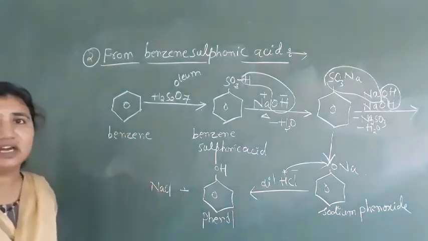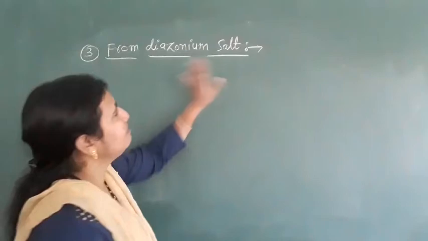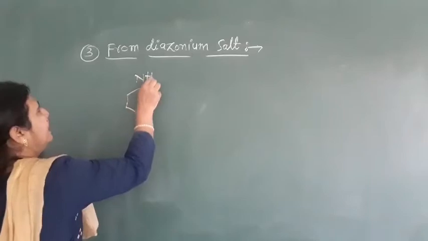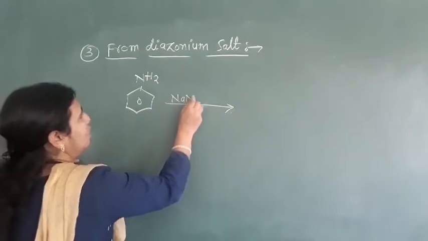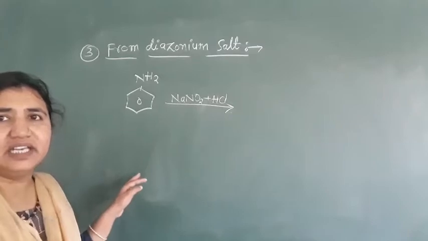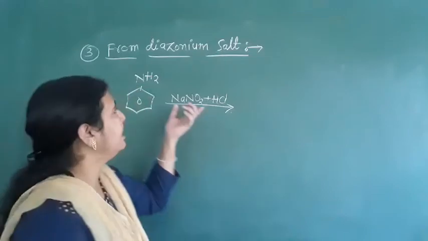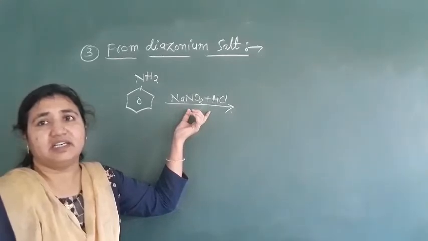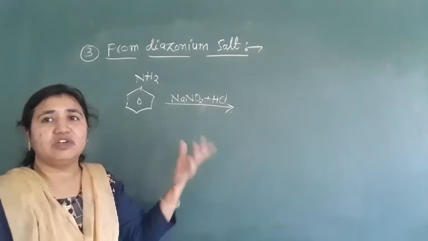Now we will see the third one. The next method is from diazonium salt. See, this is aniline, NH2. When aniline is treated with nitrous acid, that is NaNO2 plus HCl at 25 degrees Celsius, nitrous acid directly will not form, it is formed when NaNO2 and HCl react. So we write NaNO2 plus HCl, because HNO2 directly will not form.